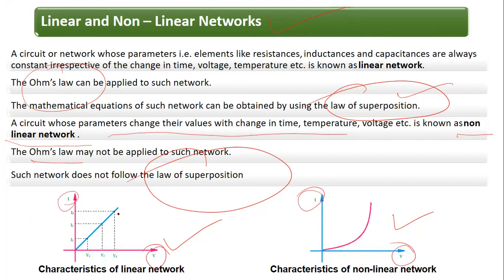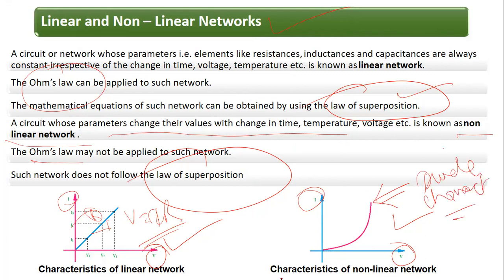Right? So here you can see there is a linear relationship. So here you have V is equal to IR relationship, right? Okay, so the slope of this line will be R, resistance. Now similarly you can see a graph here. This graph represents diode characteristics, the VI characteristics of a diode, right?